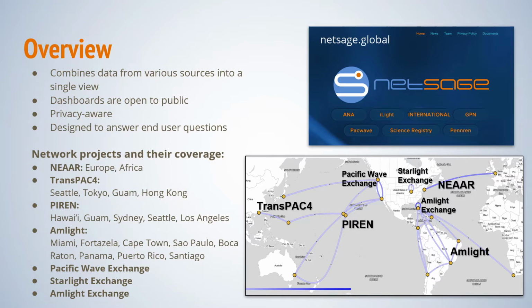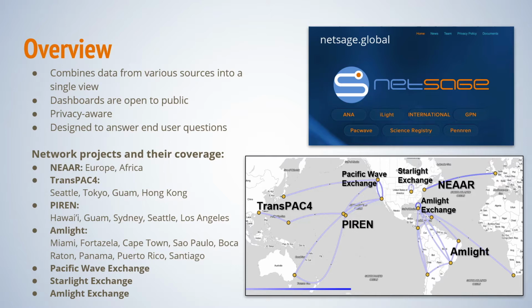The NetSage Measurement and Analysis Framework was developed to support understanding research data movement by collecting a broad set of monitoring data from various resources and visualizing that data using performance dashboards, which are specifically designed to address the analysis needs of stakeholders. NetSage is unified in that it combines data from a variety of sources into a single unified view.